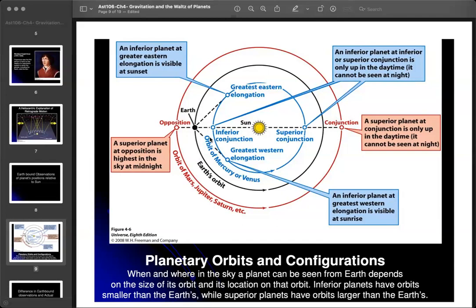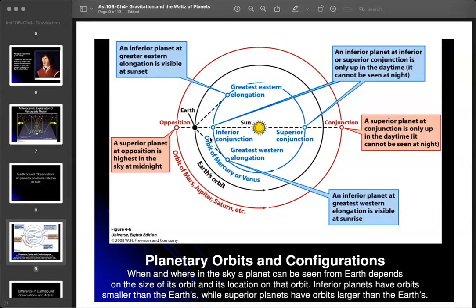Okay, so if we draw that dashed line, it intersects the inner planet, the inferior planet circle at two places, and it intersects the superior planet circle at two places. And wherever those intersections happen, those are important points, important locations.